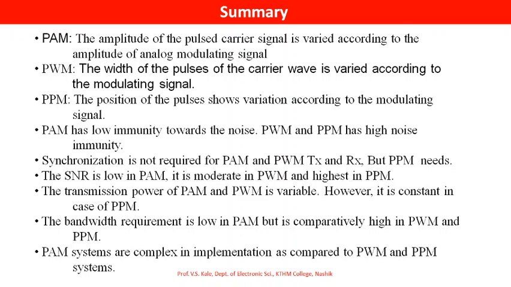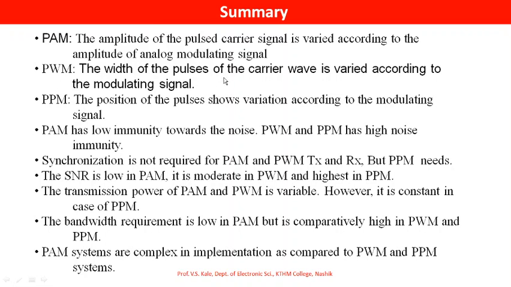Let us summarize what you learn. First, pulse amplitude modulation. The amplitude of the pulse carrier signal is varied according to the amplitude of analog modulating signal. Pulse width modulation.